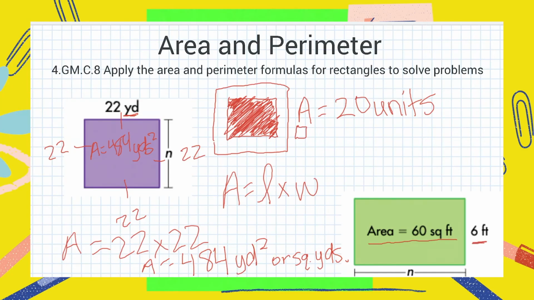So if the area is 60 square feet, and I know that area equals length times width, that means 6 times a number is going to get me 60.